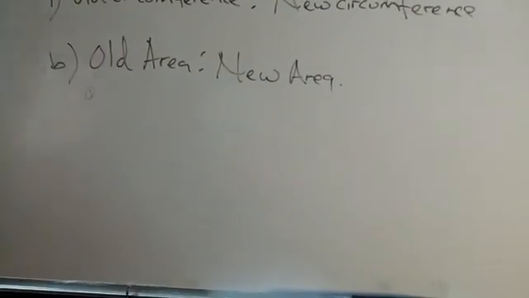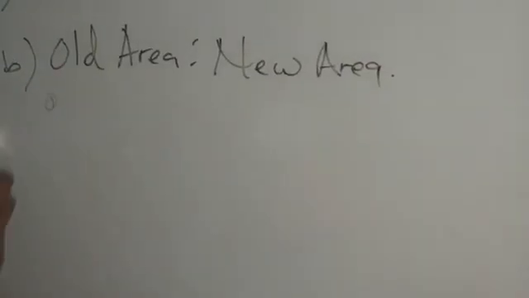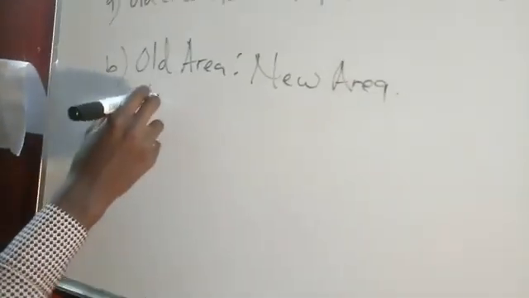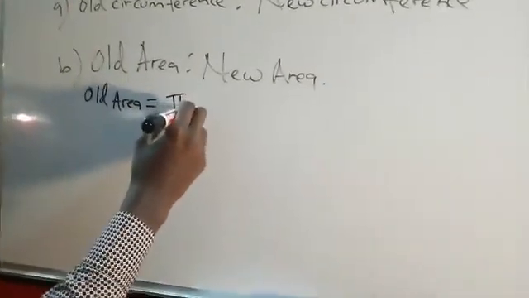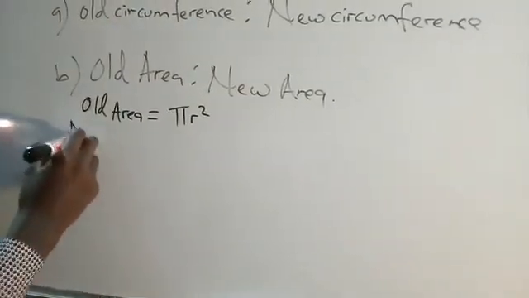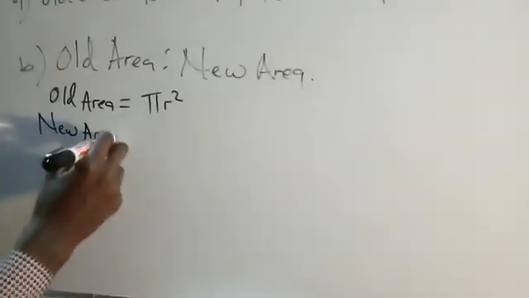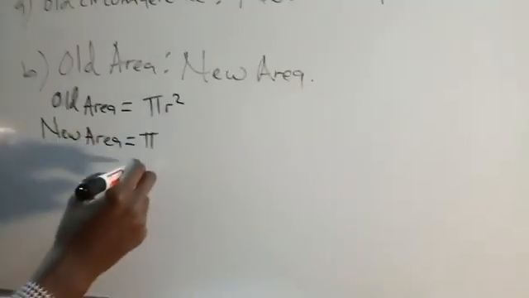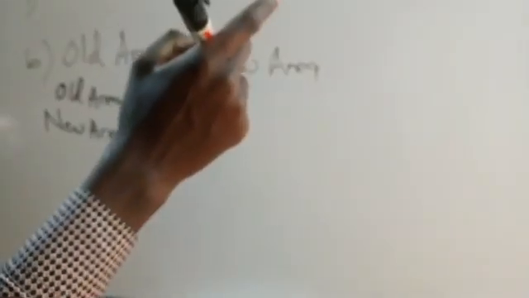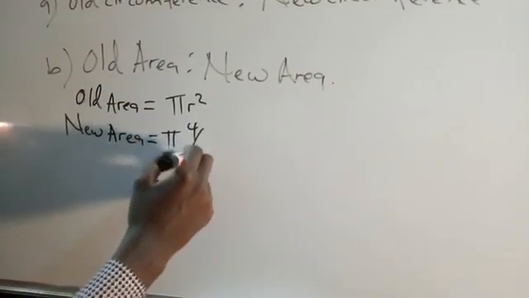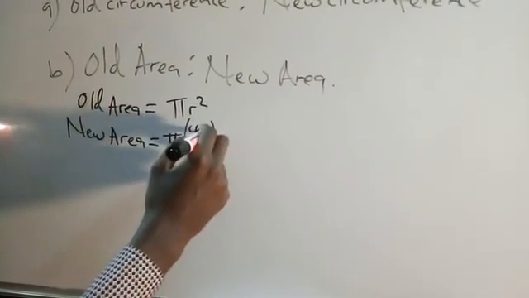The old area is pi r squared, and the new area is pi, substituting in the value of the new radius, 4/3 r squared.